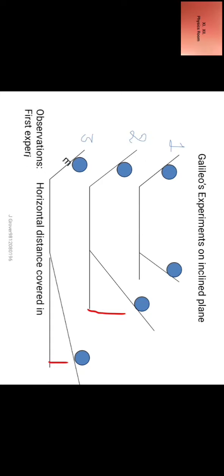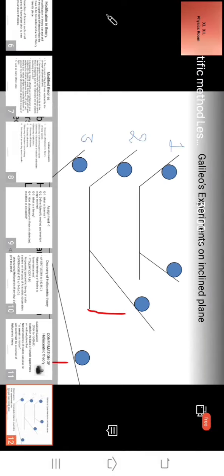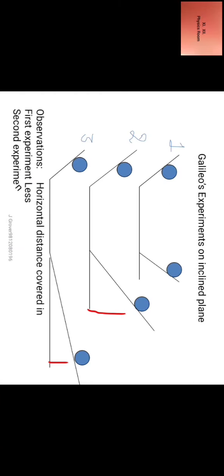First experiment. Observations: horizontal distance covered in first experiment is less, second experiment is more, third experiment is still more.